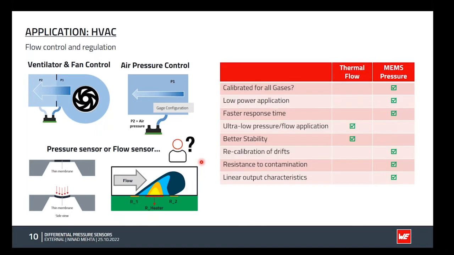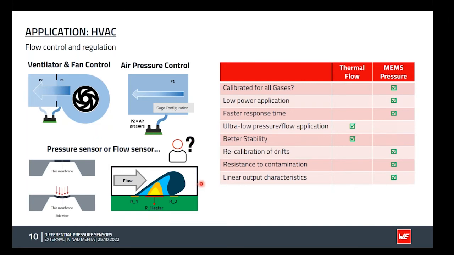If we compare the flow sensor and pressure sensors, then they are completely different. For example, a flow sensor is usually calibrated with certain gases. So in applications where other gases need to be used, they need to be calibrated again.